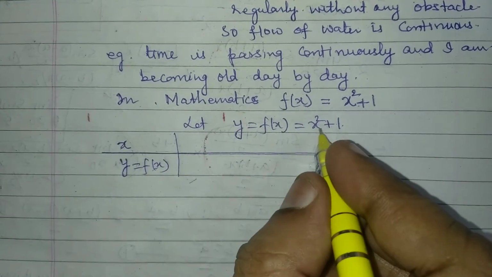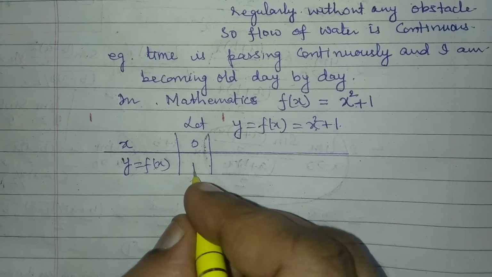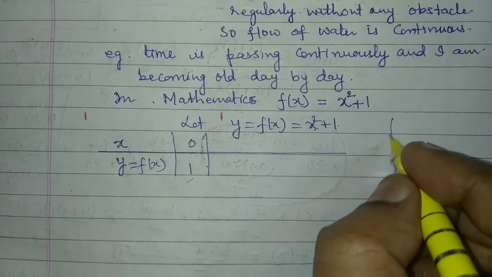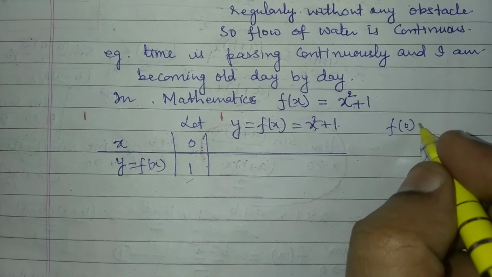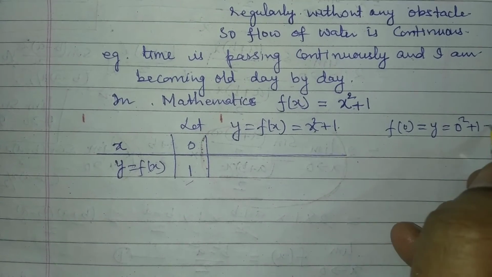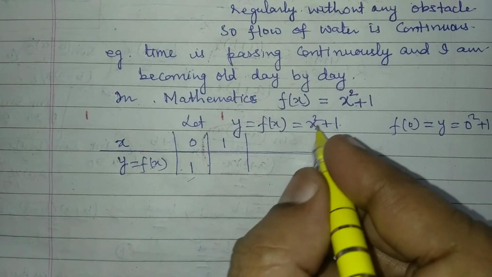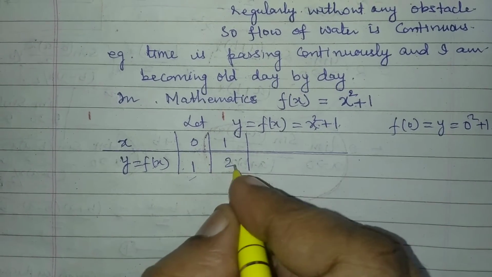If we take x value 0, then f(0) or y is equal to 0 square plus 1, so it is 1. If we take 1, 1 square plus 1 is 2.